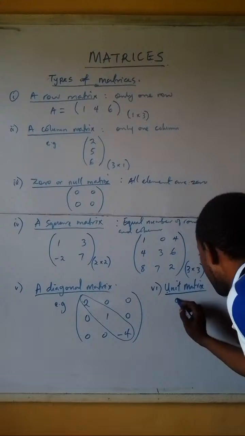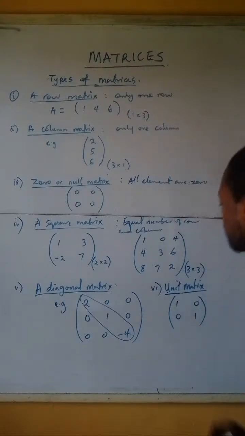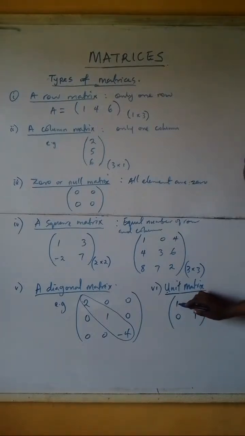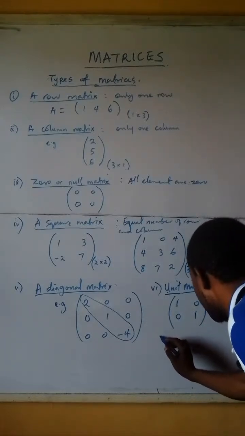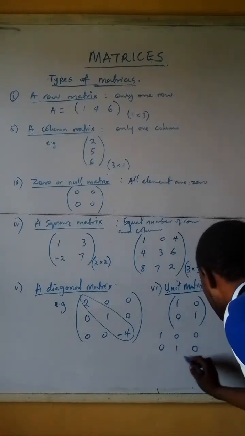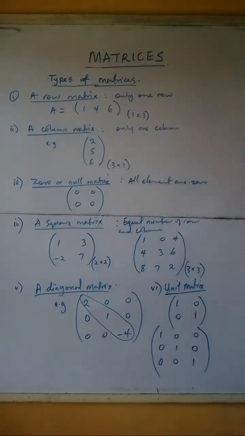For instance, we have 1, 0, then 0, 1. So this is a unit matrix, also a diagonal matrix, but with just a unit, that is 1, on the leading diagonal. It might be 3 by 3, that is we have 1, 0, 0, 0, 1, 0, 0, 0, 1. So here also we have a unit matrix. The leading diagonal elements here are all 1. So that's a unit matrix.